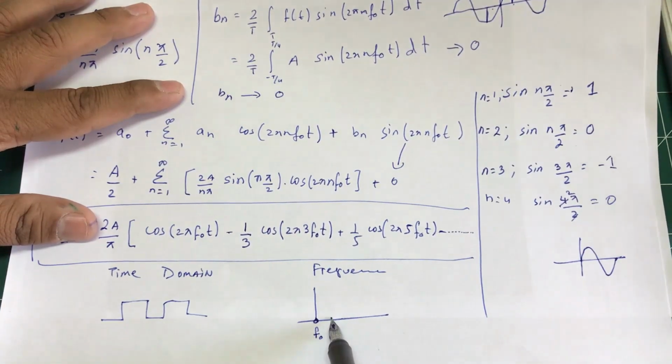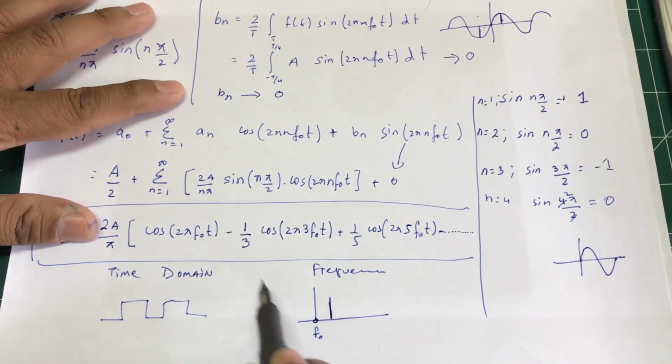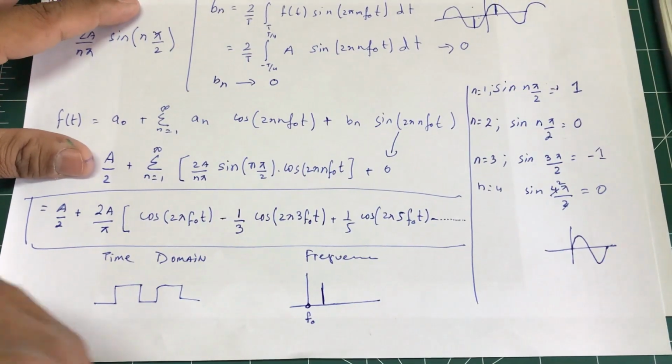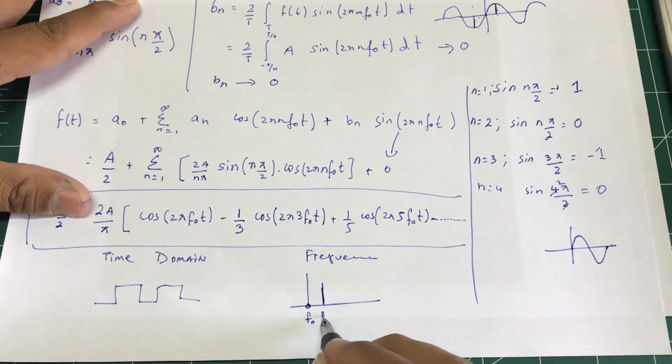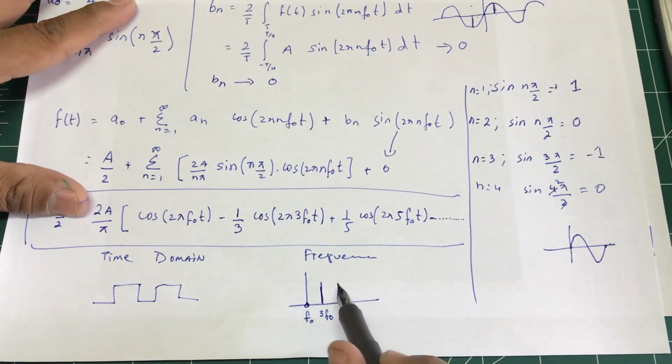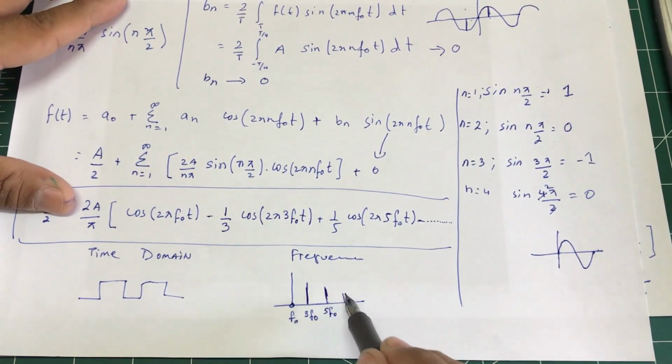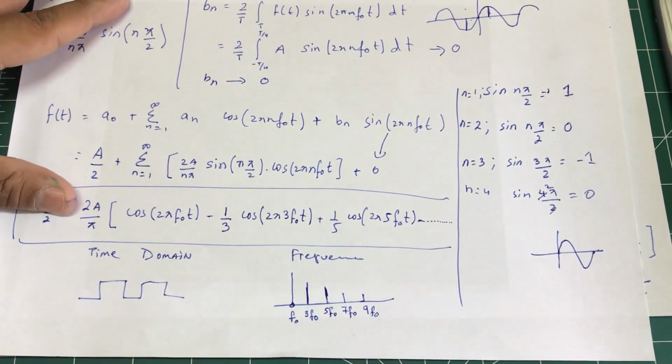The next component that you will encounter will have 1/3 of the amplitude, at 3F naught. The next component will have 1/5 of the amplitude, at 5F naught. I hope you're seeing the pattern. The next component would be 7F naught, next would be 9F naught, and so on.